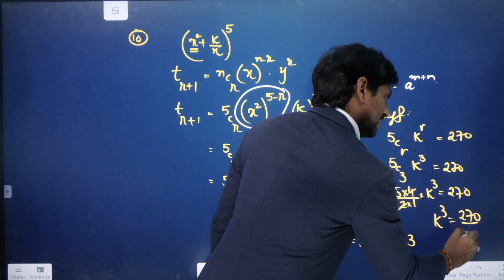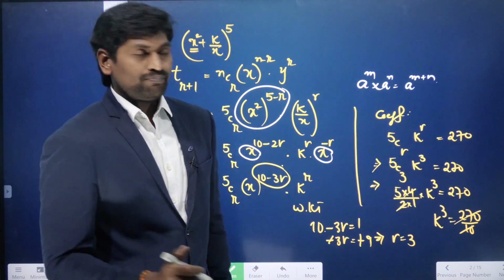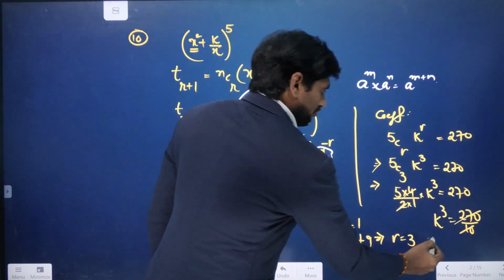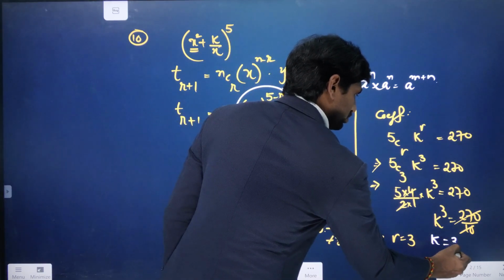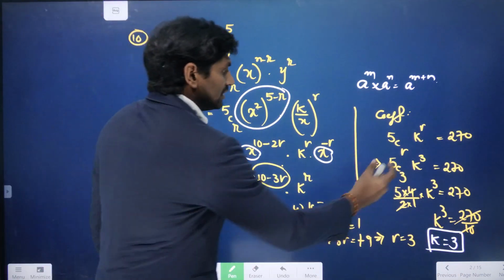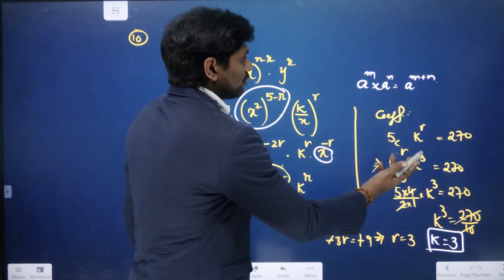So 270 by 10 is nothing but 27. And 27 is a cube number. Which cube? 27 is 3 cube. So we can write k cube equals 3 cube. Both cubes can be cancelled on both sides. Then the k value becomes 3.